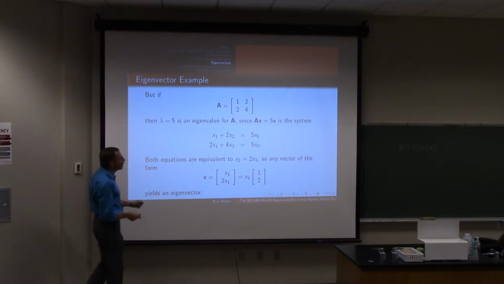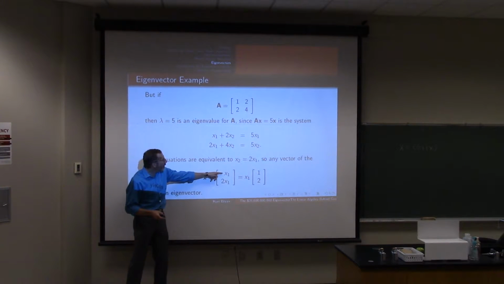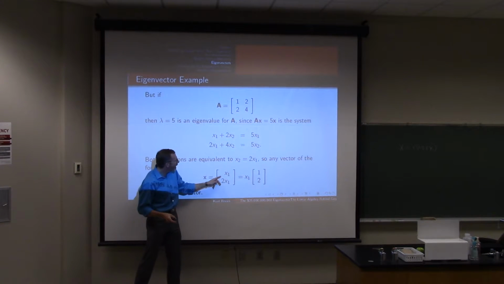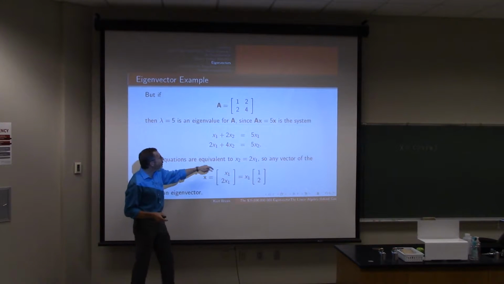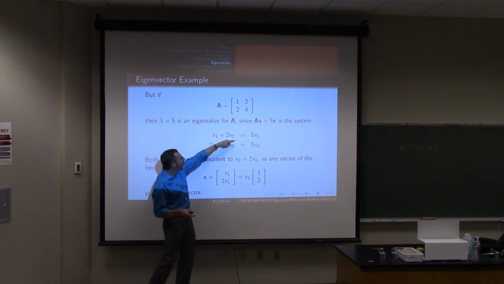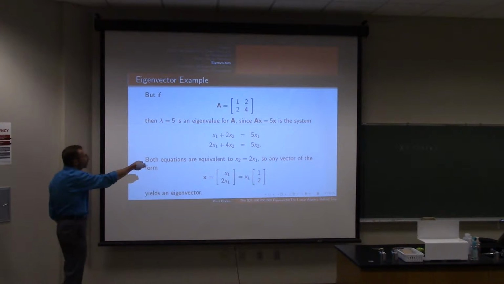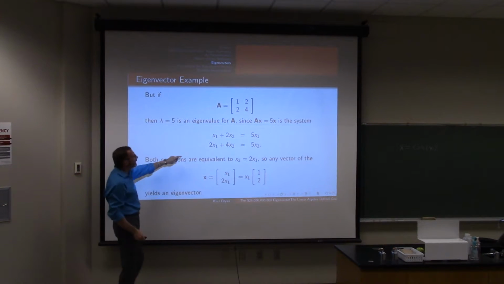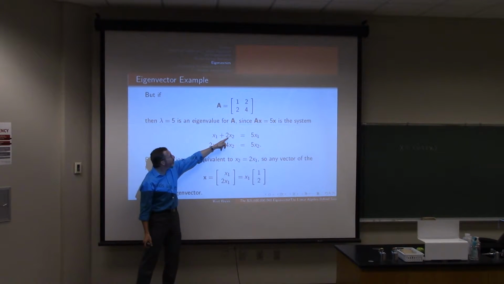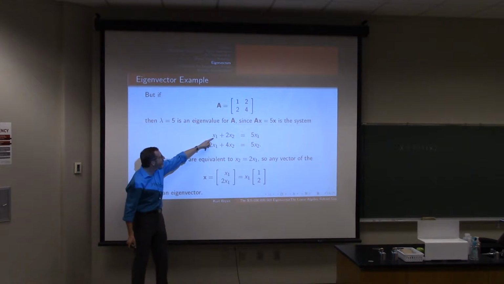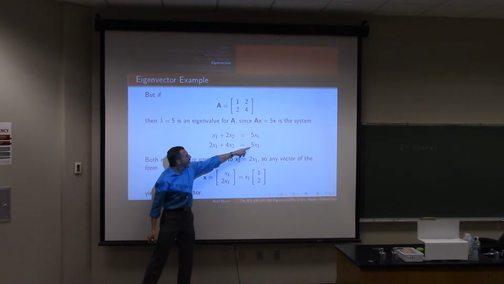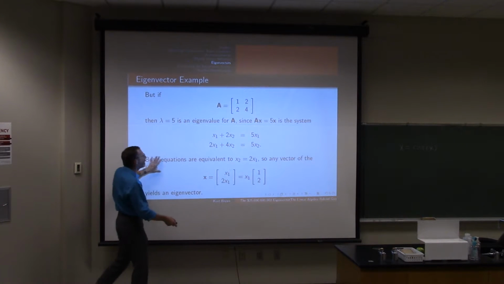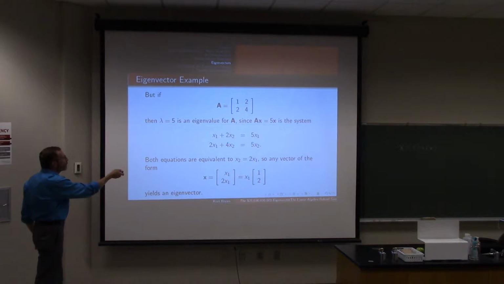So any vector of the form x1 and 2 times x1, because the second component should be twice the first, will work. In particular, the vector 1, 2, choosing x1 equals 1 and x2 equals 2, provides a solution. You can check mentally: the first equation is satisfied, and the second equation is satisfied. So 5 is said to be an eigenvalue for this matrix.